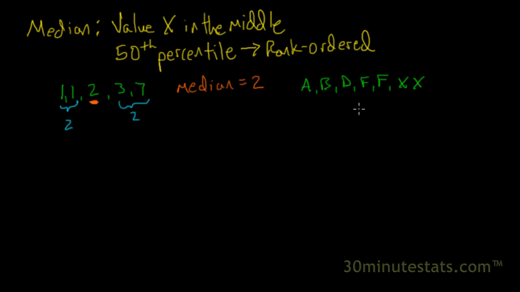So with 7 observations, the value in the middle is going to be the 4th, and that leaves us with 3 observations below and 3 observations above. And so this value in the middle becomes the median. We can say that the median is equal to F in this case. We'll assume that A is representing 1 and X is representing 25, and that this is a rank ordered list of letters. And so that's how we find our median.